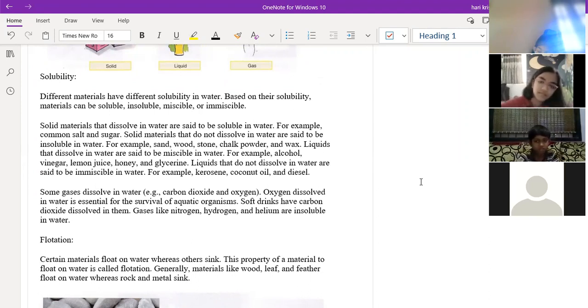Suhana will tell the answer. Is it miscible or immiscible?